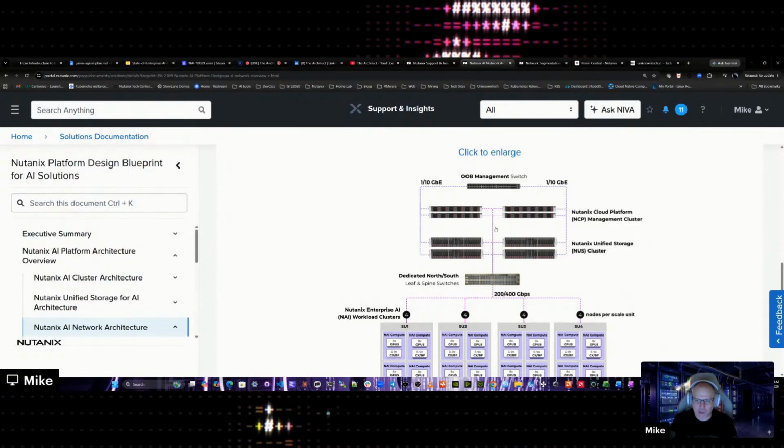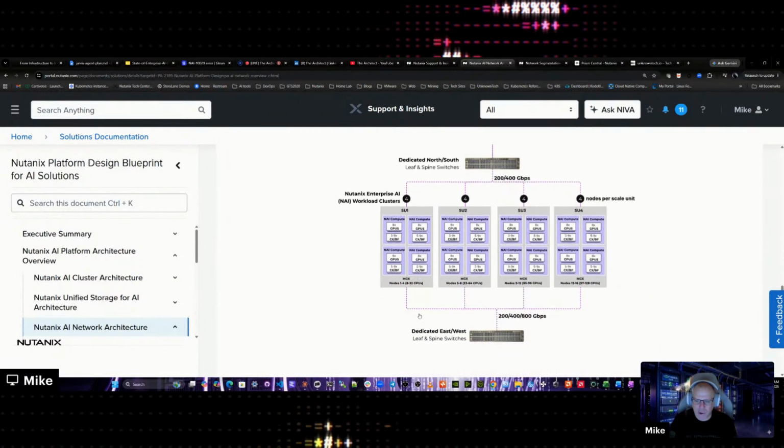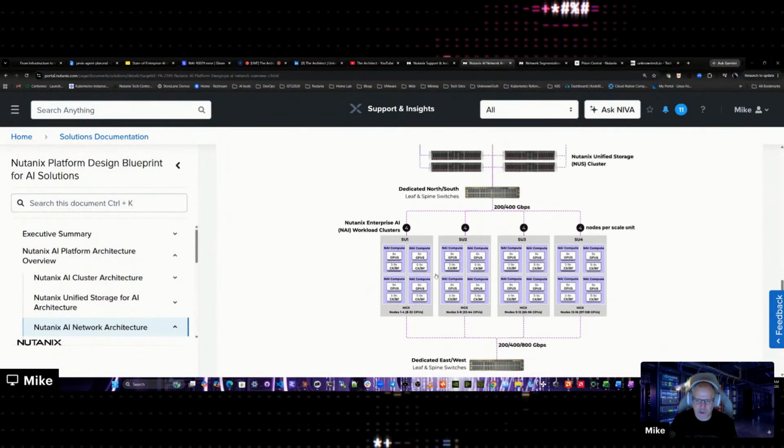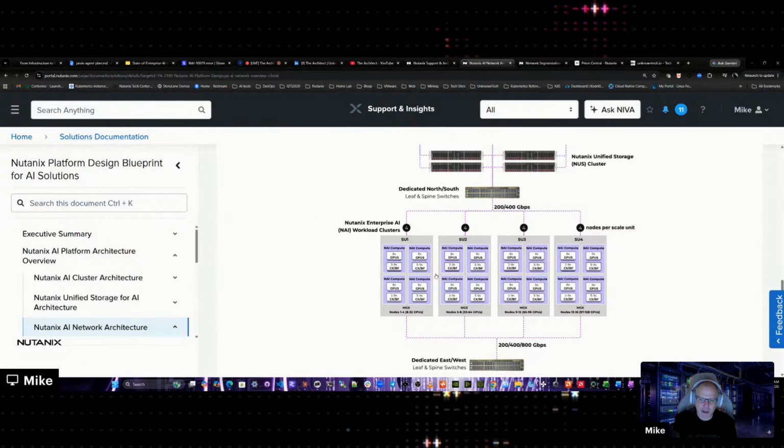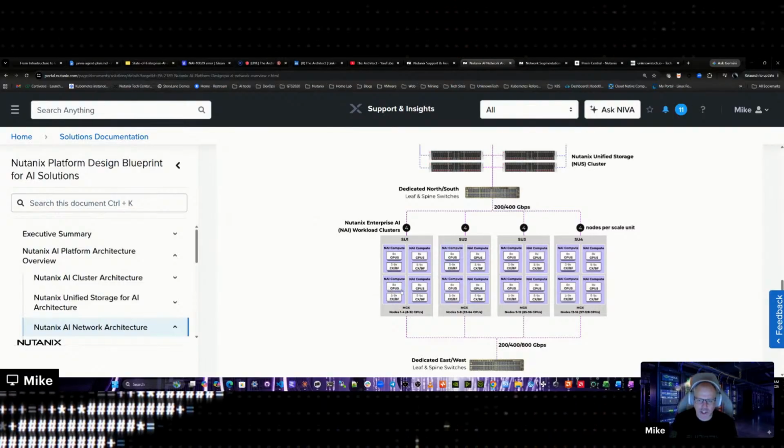But what I want to focus on is, of course, your east-west traffic for the GPU to GPU connectivity. And I'm not talking about GPU within a node, because especially in the MGX, you have GPUs in there and they will communicate with each other, but you also will have other nodes outside of that server that have GPUs.